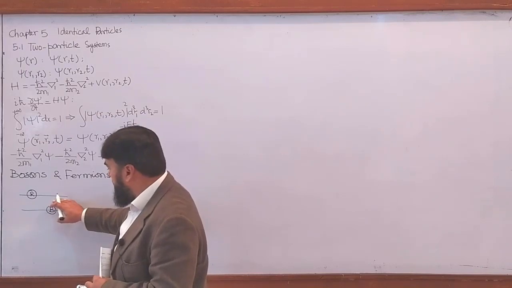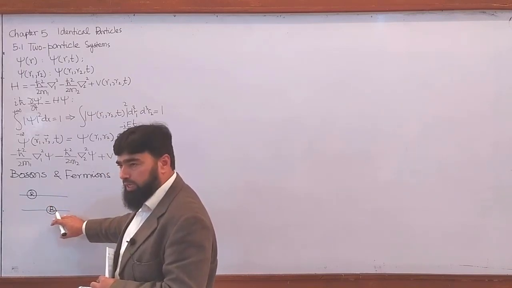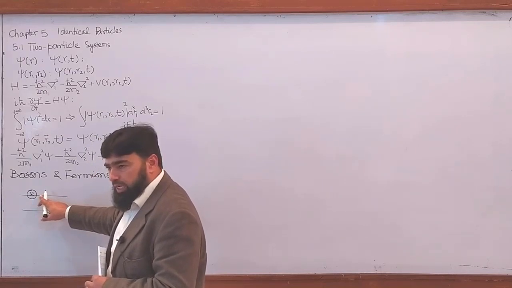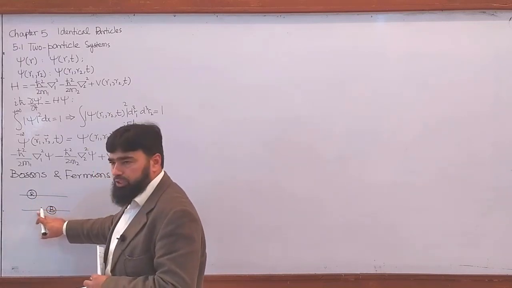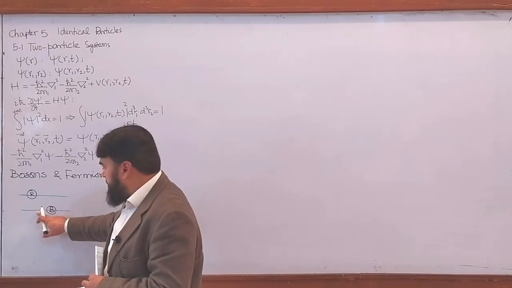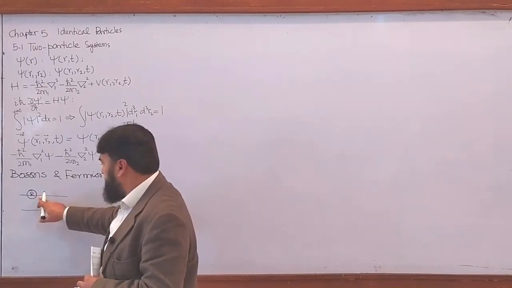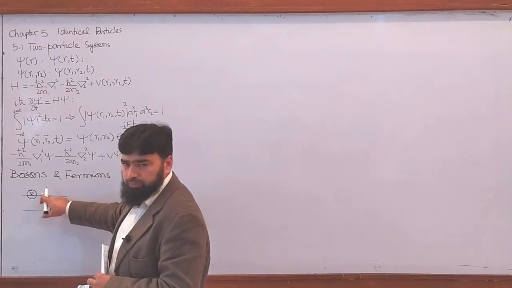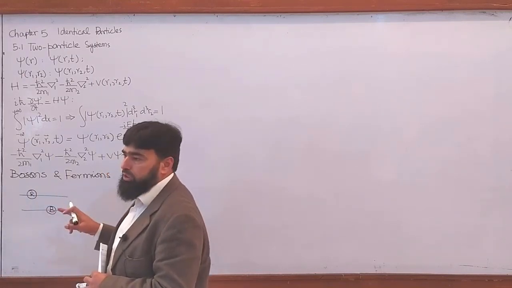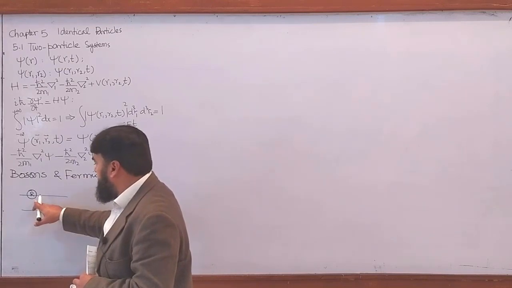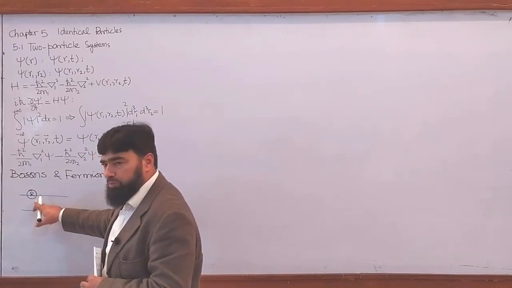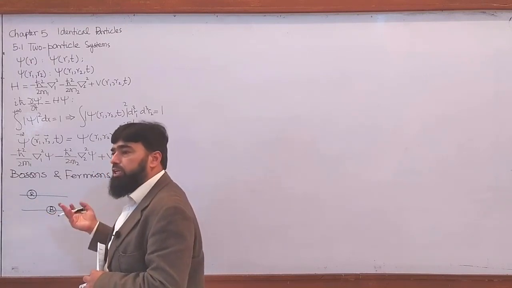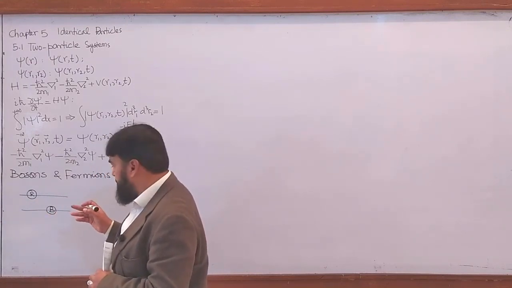I have placed one here and one here. I can place both the particles here, or both here, and I can place red here and blue here, and then red here and blue here. So many configurations are possible if the particles are distinguishable. If I can label them, color them, or recognize them in any other way.